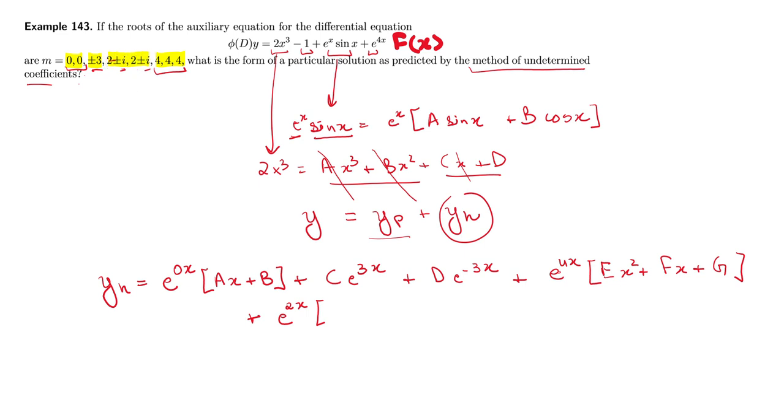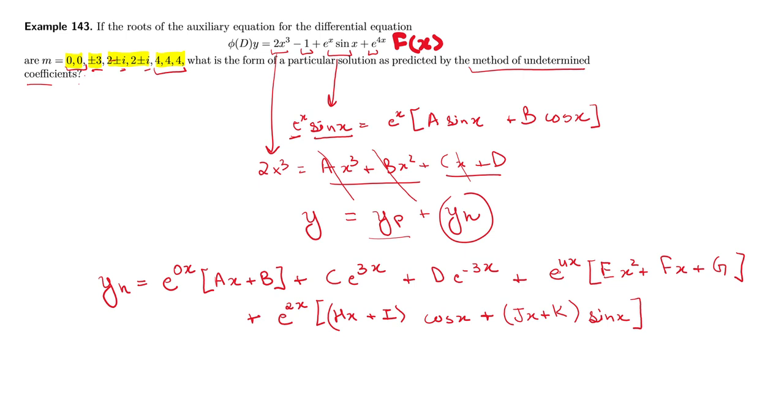But one thing which is important here, the multiplicity of this complex root is also 2. So there would be cos x, sin x, but both of them need two different coefficients. So after g, I will say hx plus i, and then jx plus k. And those are all of the roots provided by the homogeneous equation.